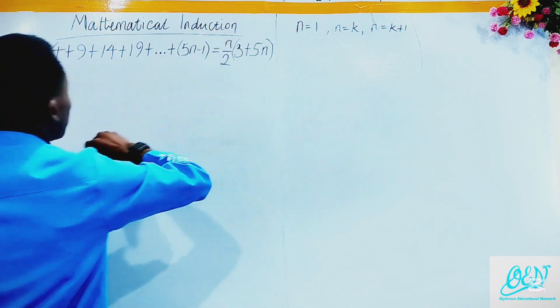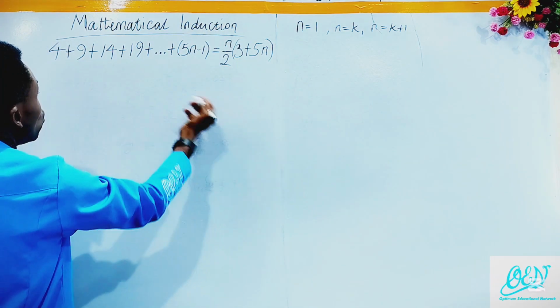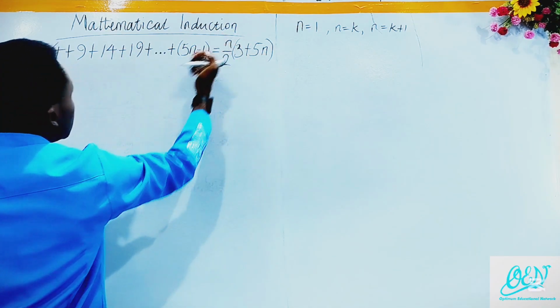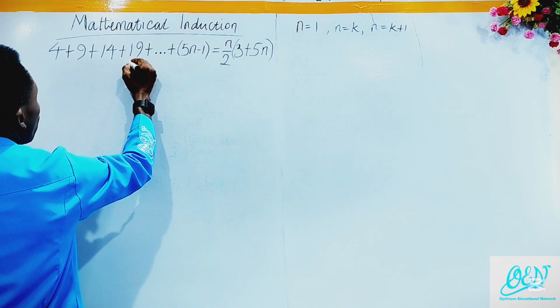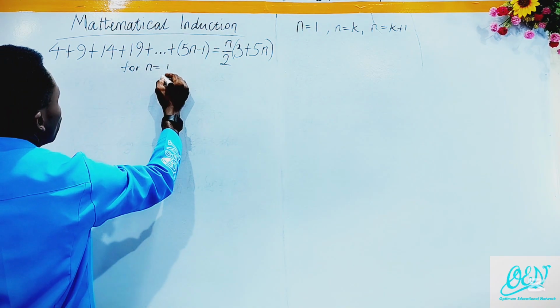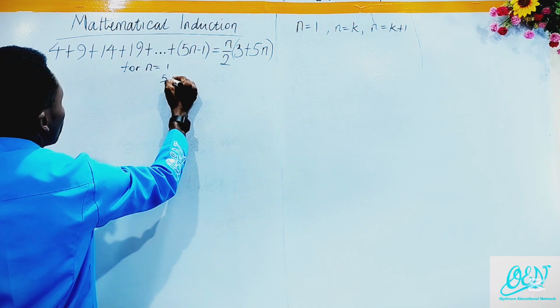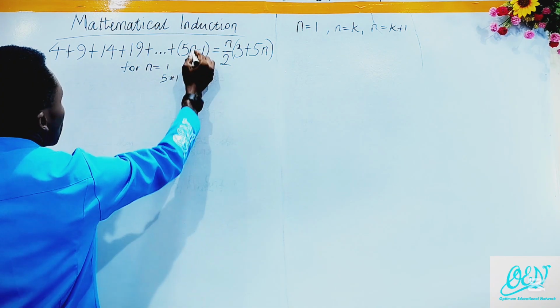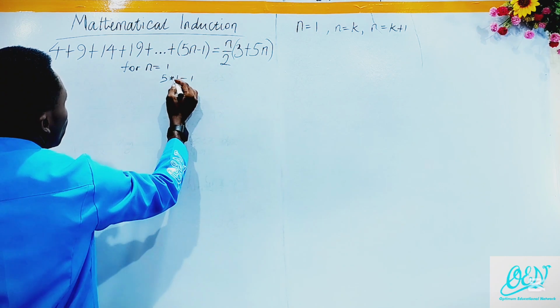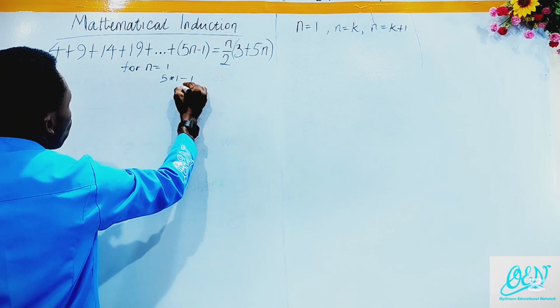Let's start with when n is equal to 1. So when n is equal to 1, we replace all this n here with 1. So for n equal to 1, we'll have 5 times 1 minus 1. 5 times 1 is 5. 5 minus 1 is 4.